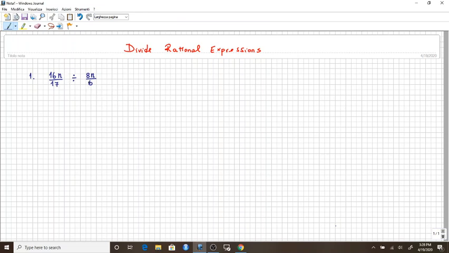Dividing two expressions like this means multiply by the reciprocal. You could also write this as 16n divided by 17 over 8n divided by 6. This would be equivalent, so instead of the division sign, you can use the fraction line. But we don't need to convert into the fraction.